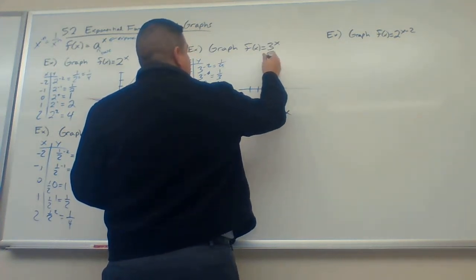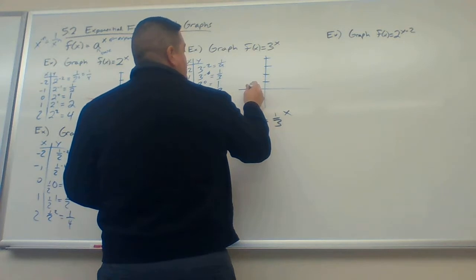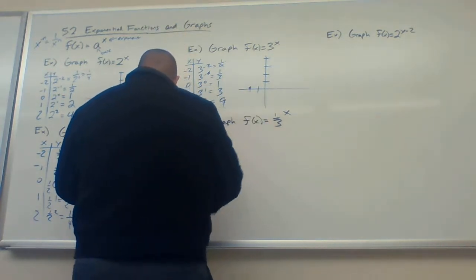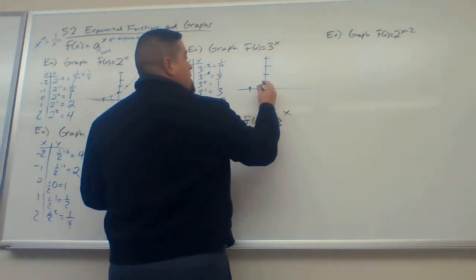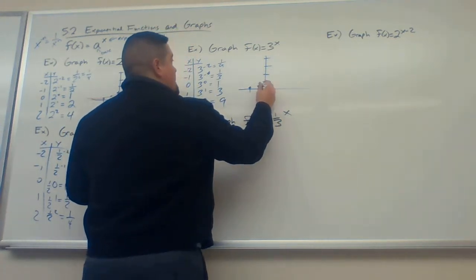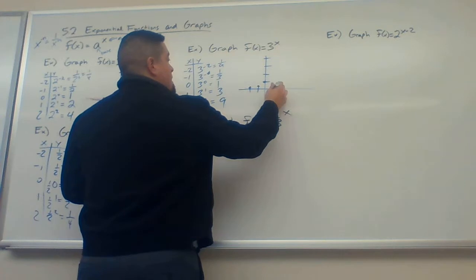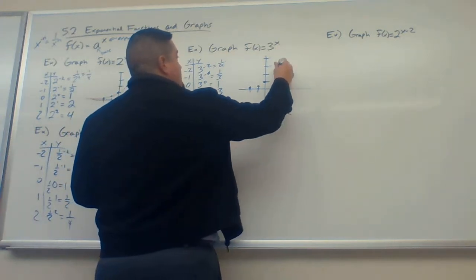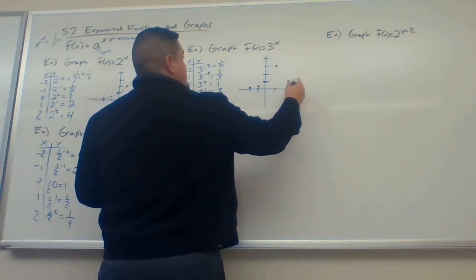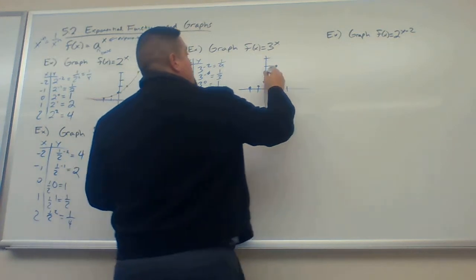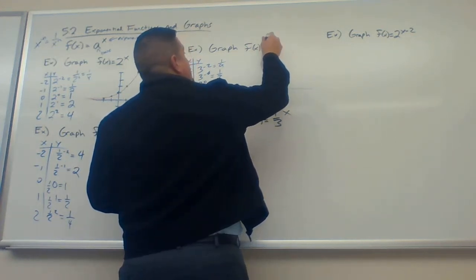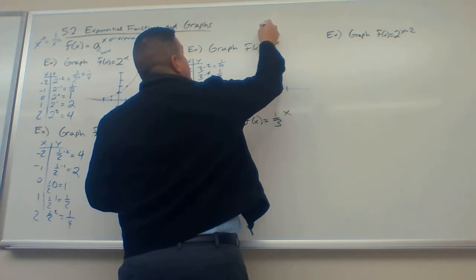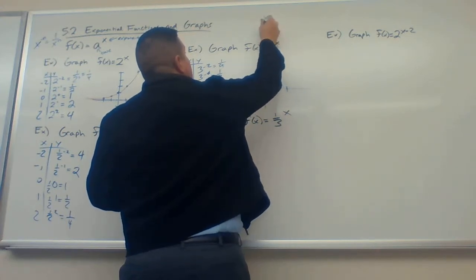So we can graph from there. Negative 2, 1/9 would be very close to 0, and negative 1, 1/3 would be a little bit higher. 0, 1, and 1, 3. Now you'll notice it rises a little bit quicker. 1, 2, 3, 4, 5, 6, 7, 8, 9.